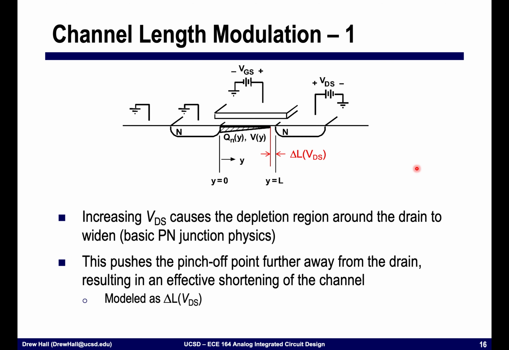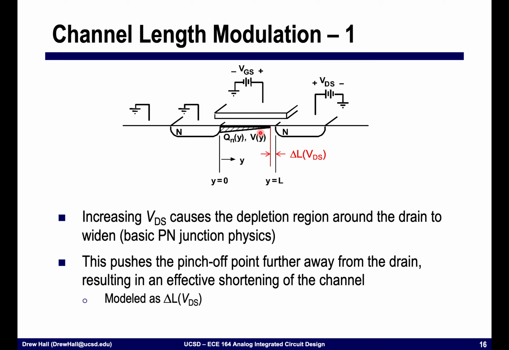All right, so if you recall channel length modulation, essentially what's happening is that if we have a MOSFET, we would typically define the channel length as y equal to 0 here, moving all the way to the drain side where y is equal to L. As we start to apply a voltage, we push this pinch-off point back towards the source due to the depletion region.